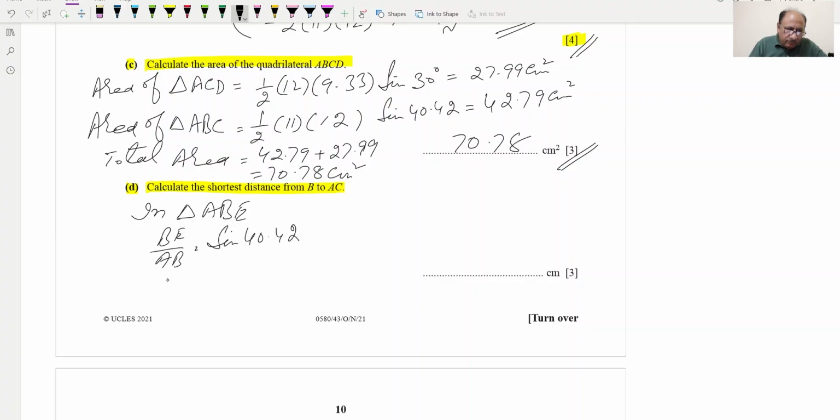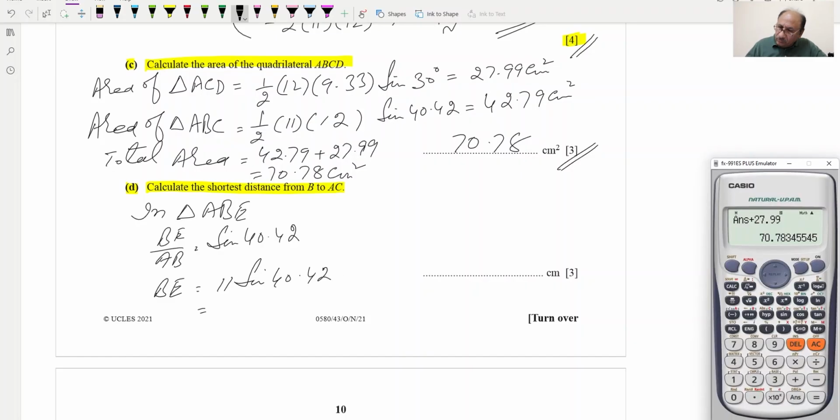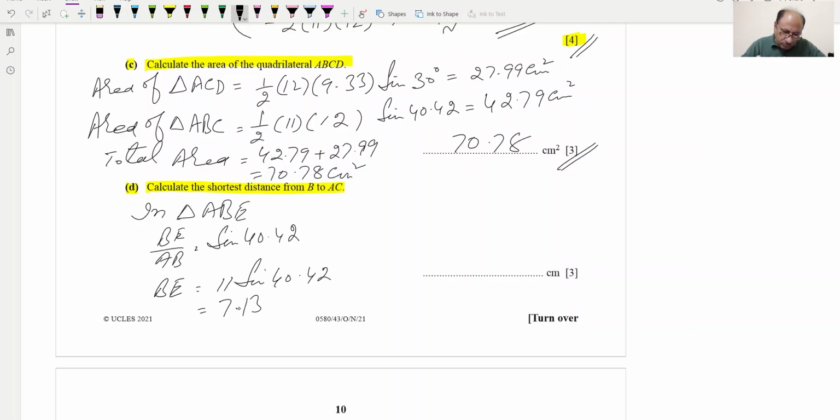And AB we know is 11, so BE is equal to 11 sine of 40.42, and this will be equal to 7.13 up to 2 dp, so 7.13 centimeters. Answer for 3 marks, which we are done.